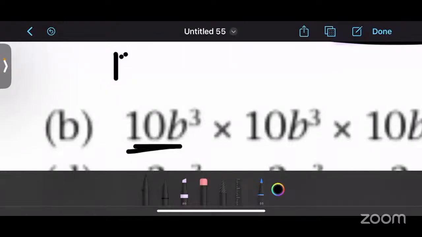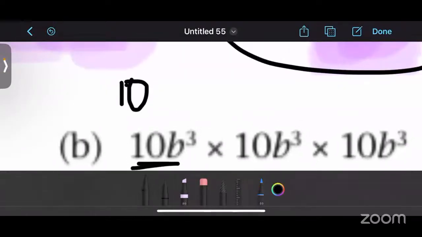I've given you the answer: it's going to be 10 to the power of 1. If it's just a number, then it has a power of 1. It's that number or whatever thing to the power of 1, or exponent 1. So we have 10 to the power of 1 and b to the power of 3.